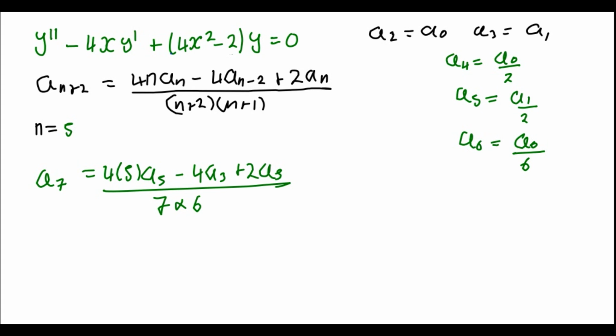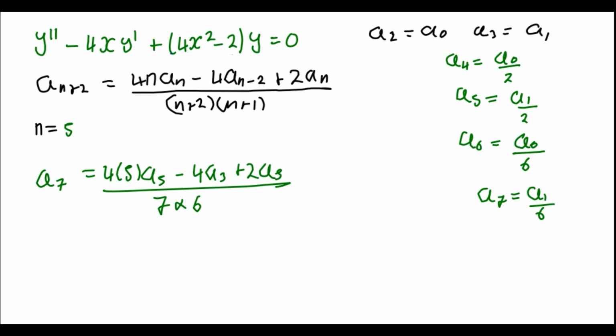If you evaluate this step by step, you already have your a sub 5, so where you have this here, you can substitute with that. Where you have the a sub 3, you can substitute with a sub 1. And you're going to observe that if you follow that step by step, your a sub 7 is just going to be equal to a sub 1 divided by 6.